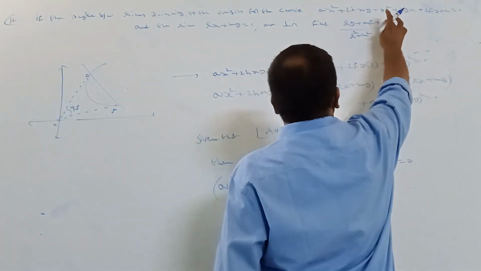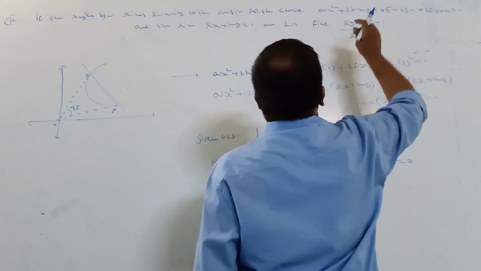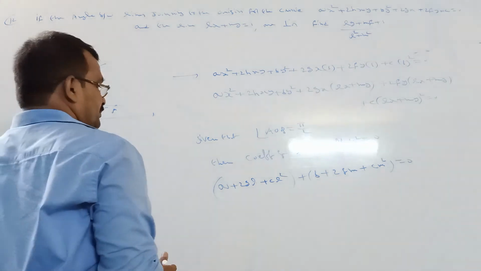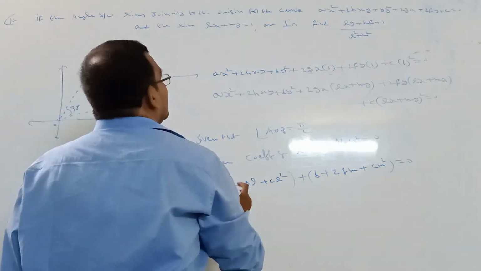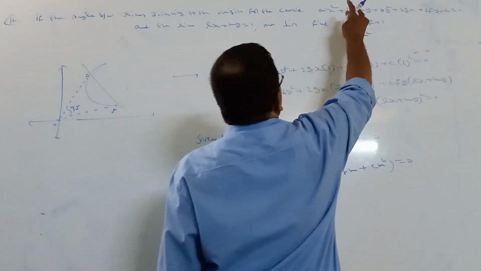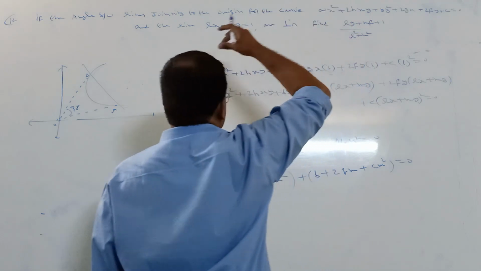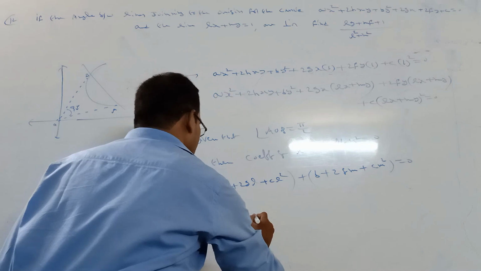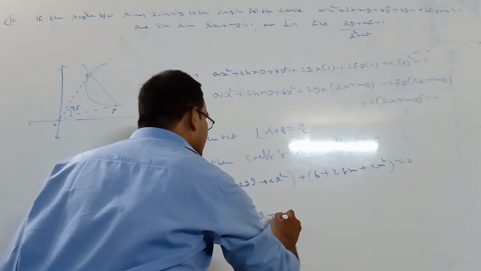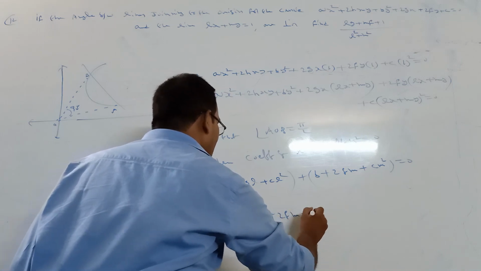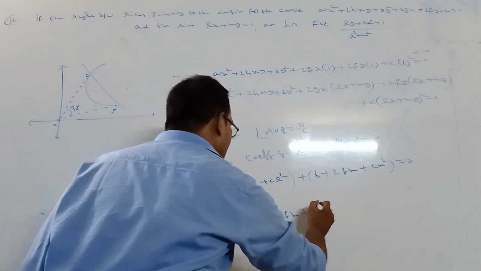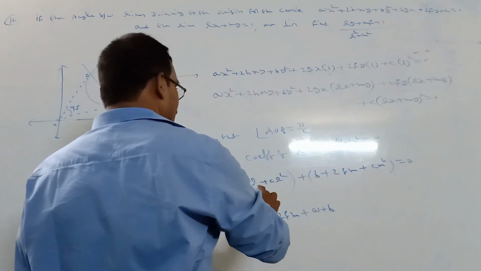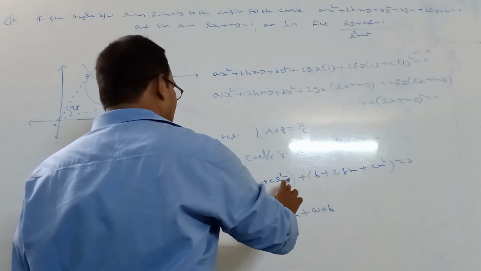Okay, in this question, first of all find 2gl plus 2fm plus a plus b.